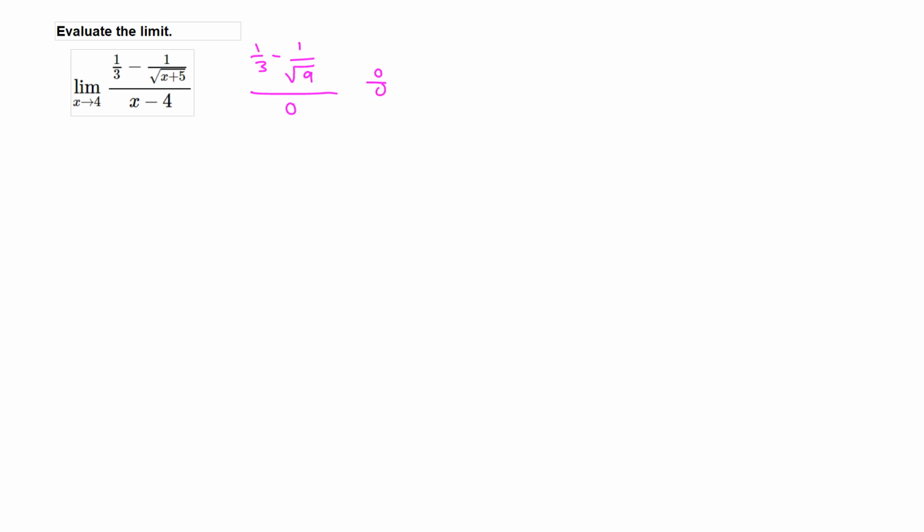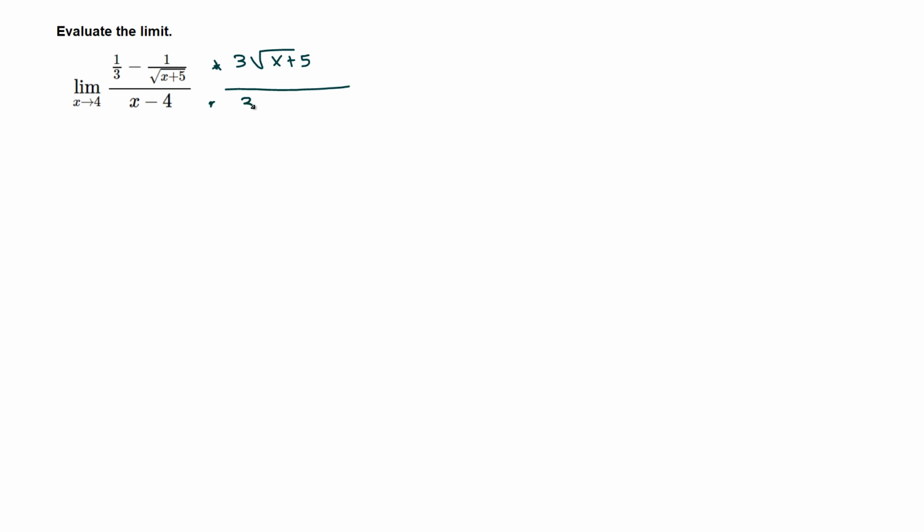For that, look at the top: we have two fractions, so we need to combine them. Let me find the common denominator and multiply so that the bottoms are gone. So multiply the top by 3 times the quantity root x plus 5, and we have to do the same on the bottom.